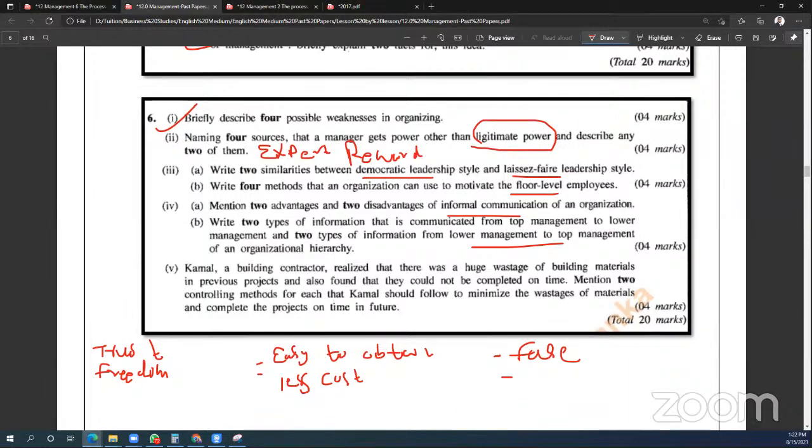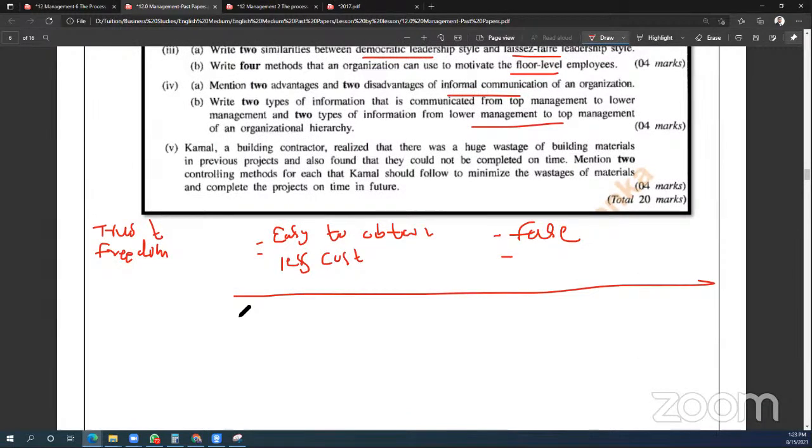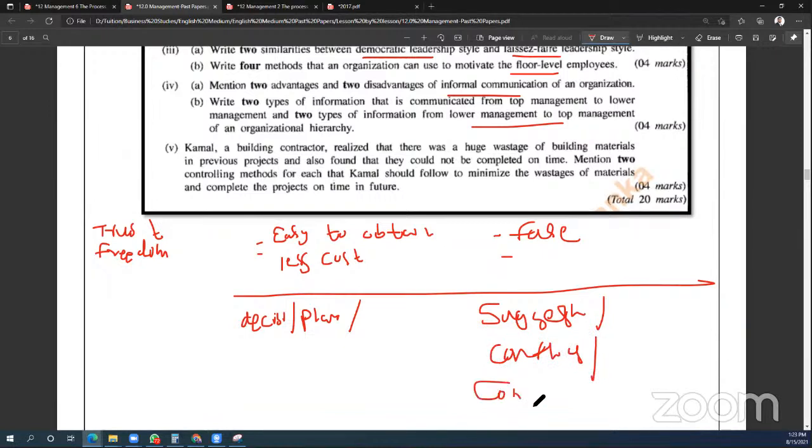Bottom to top, maybe complaints, employee conflicts, and suggestions. So everything comes under these.